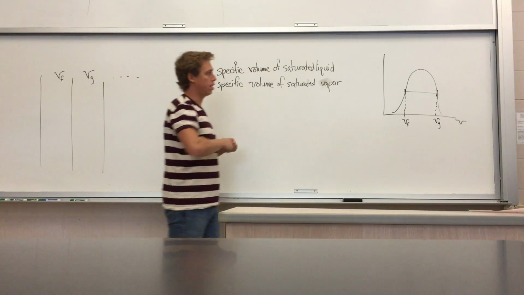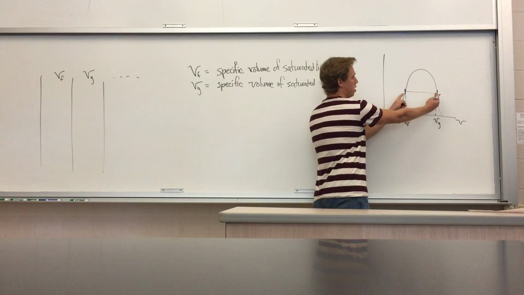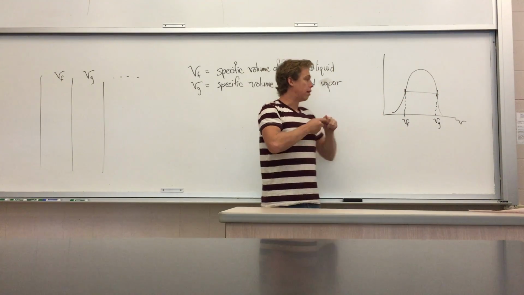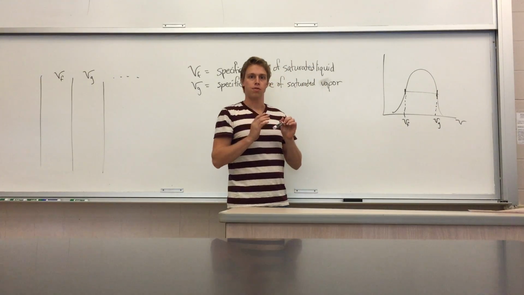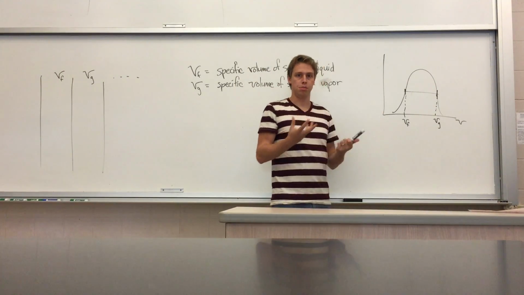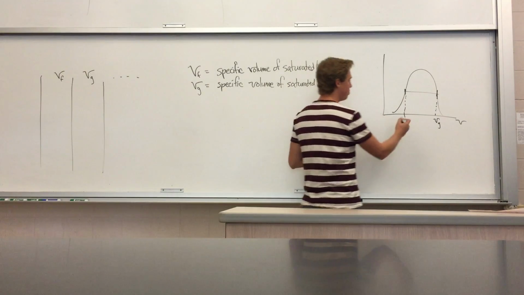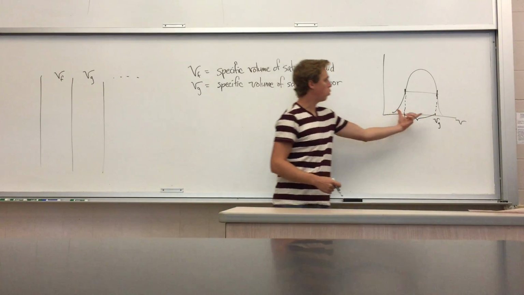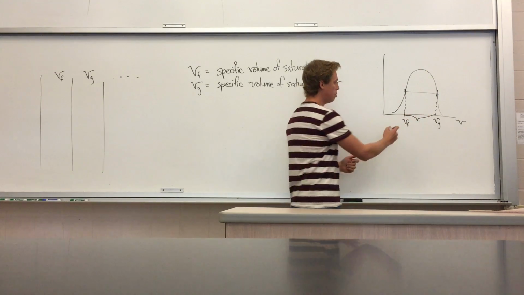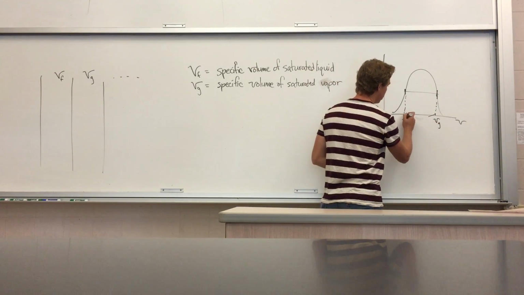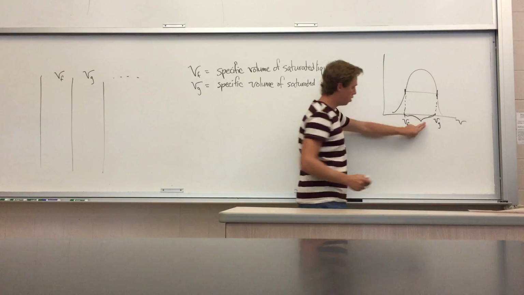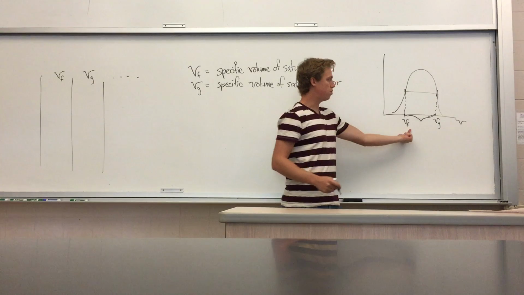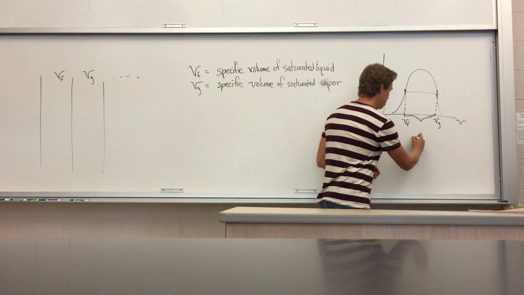There's one other thing you'll see, which is what the width of this interval is, okay? Because that's something that we've talked about, how the shape is a little bit different for different fluids. And so it's an interesting property to know and have a label for. If you think about it, the width of this is simply given by Vg minus Vf, right?